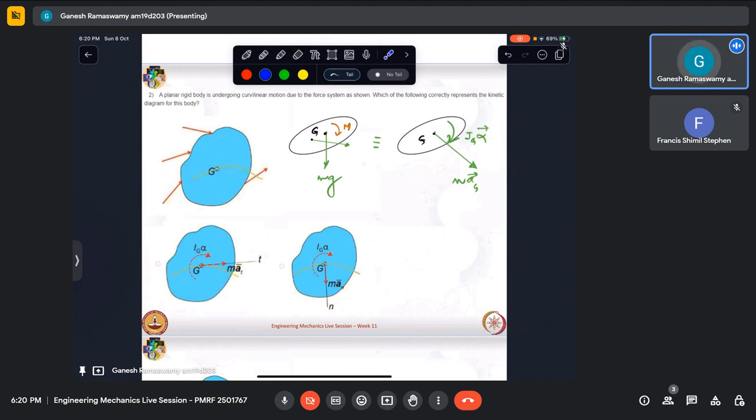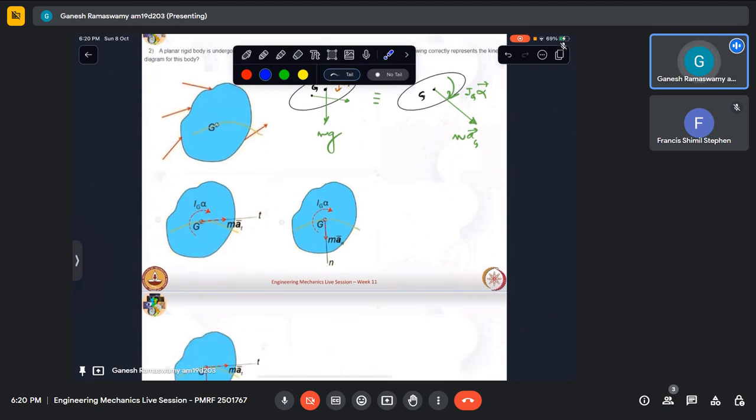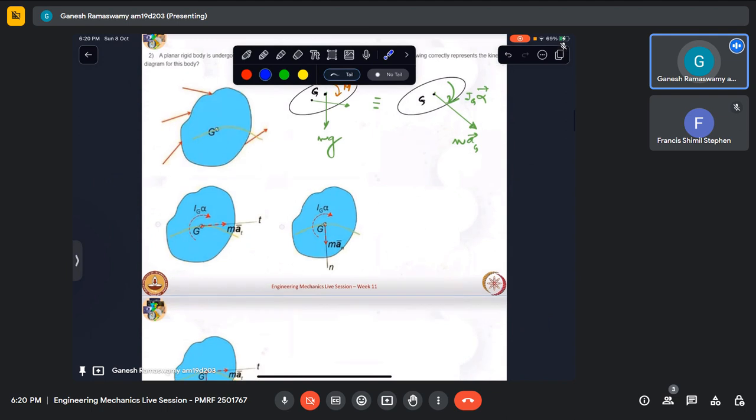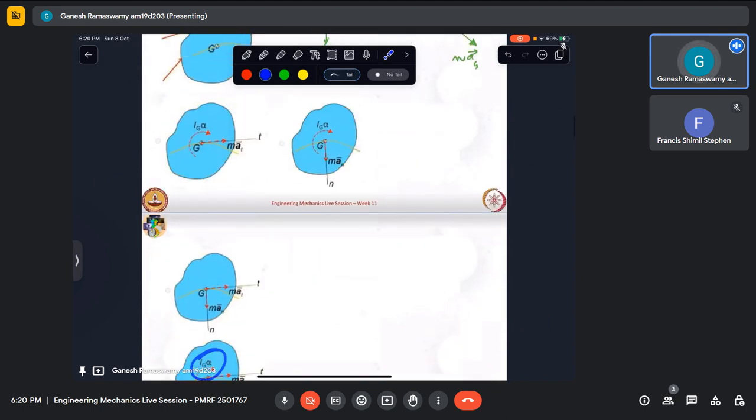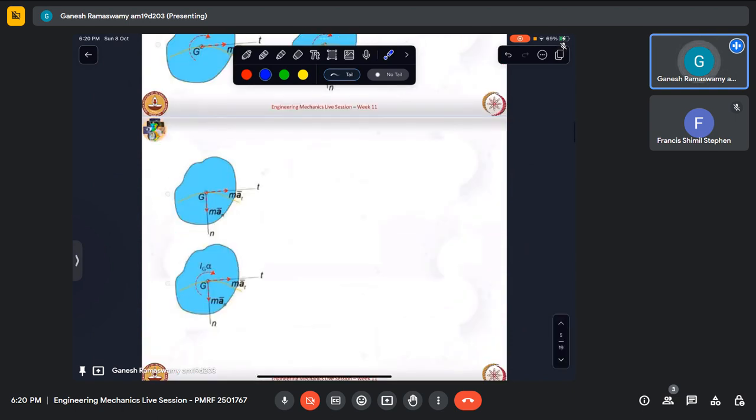With that background, the question already says that this is undergoing curvilinear motion. In such a case, the first thing we have to understand is that it cannot have a rotational analog, so I_G alpha cannot exist. There is only one option where I_G alpha doesn't exist. Since we have been told that it's a curvilinear translation, this is emphasized by the fact that we have a normal and tangential direction.